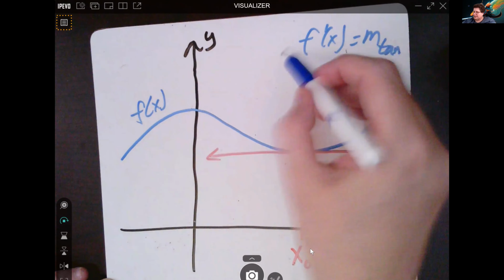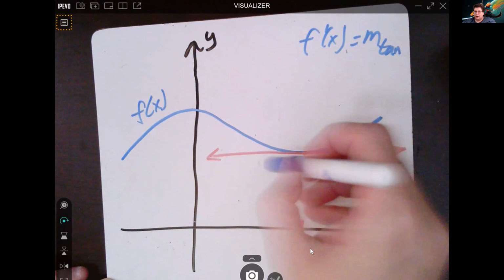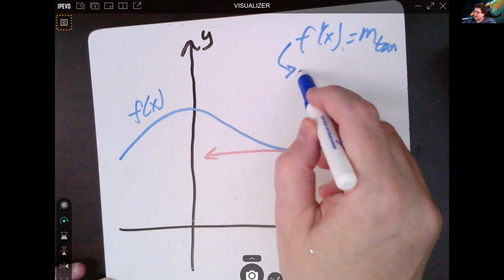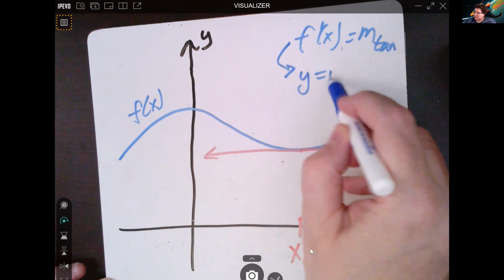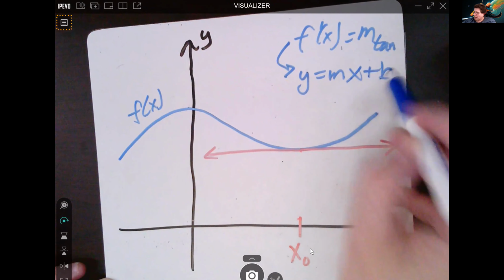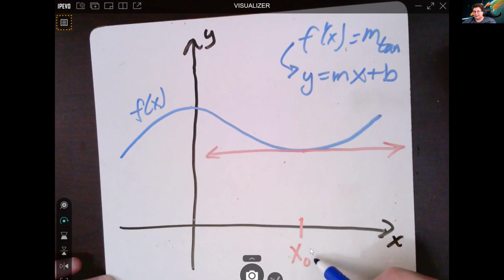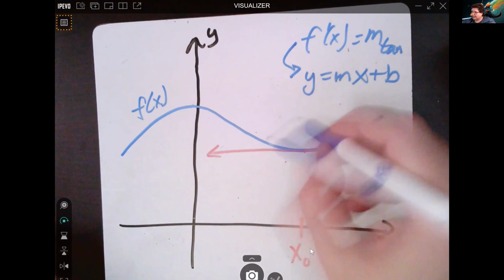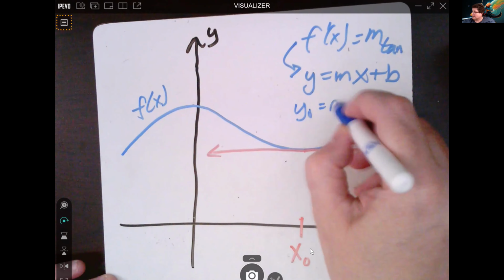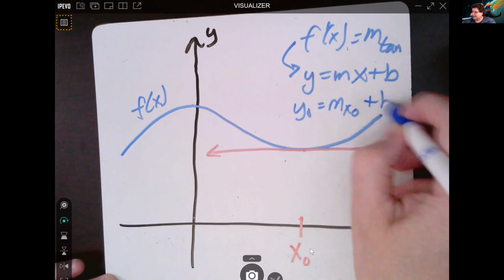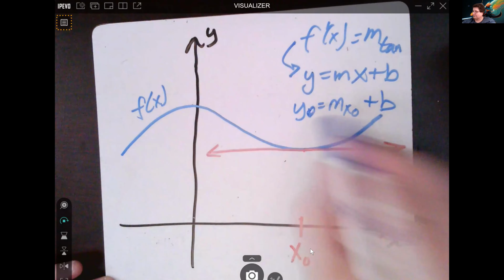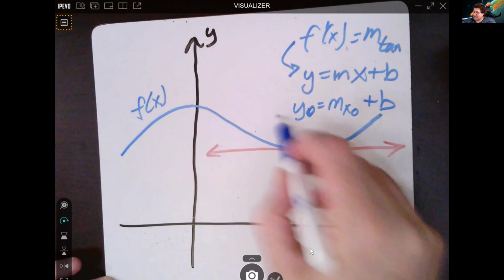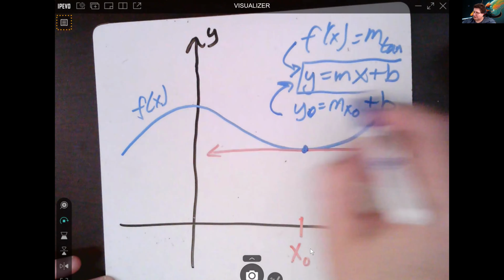Then to find the actual line, we use y equals mx plus b, where y naught equals m times x naught plus b to find our b value. Once we find b, we have the equation of our tangent line.